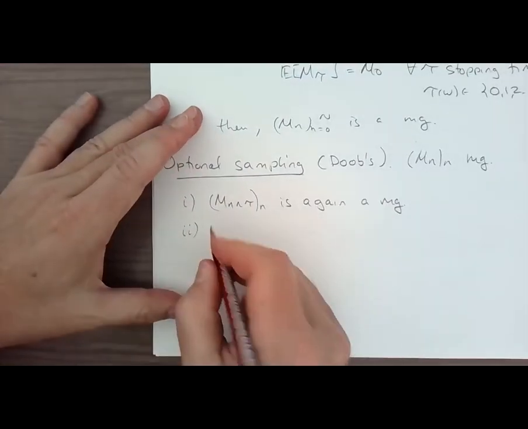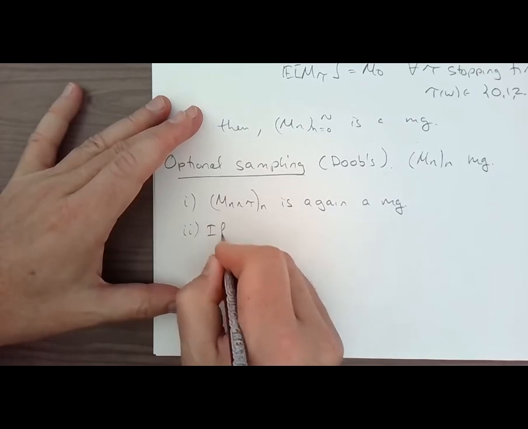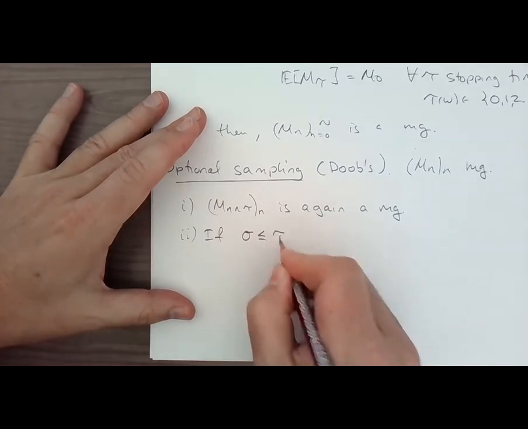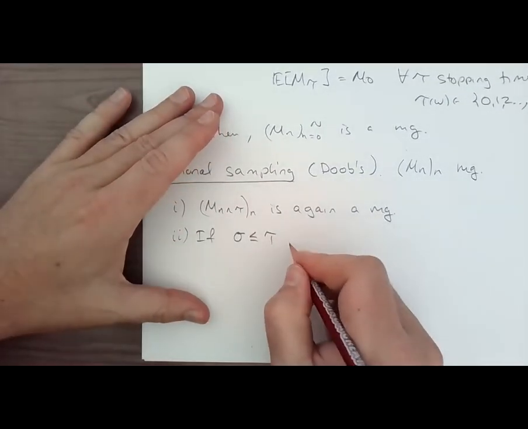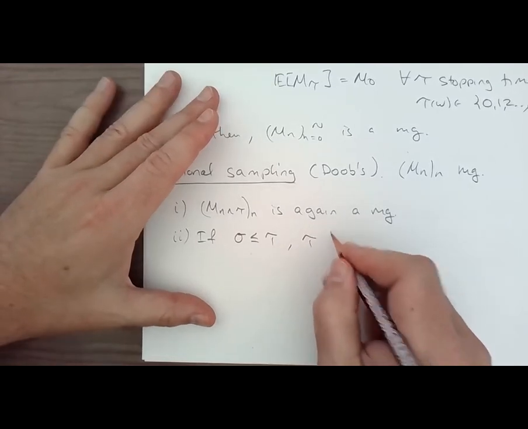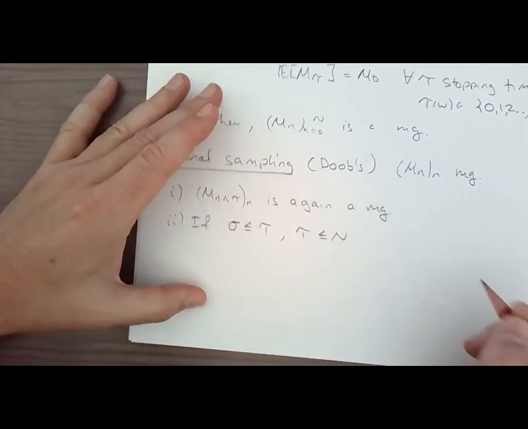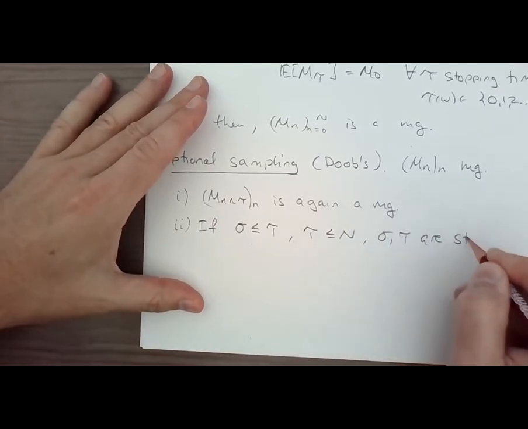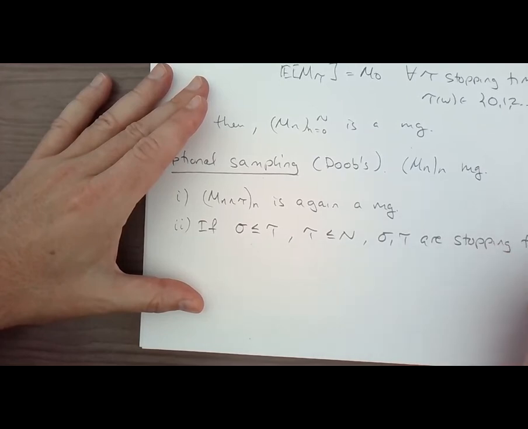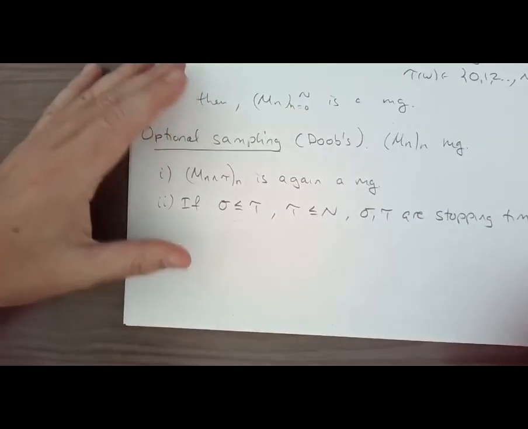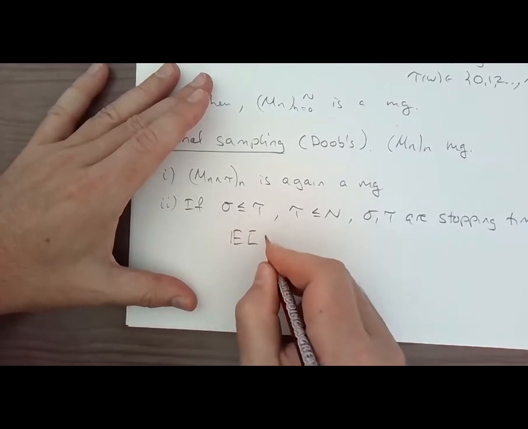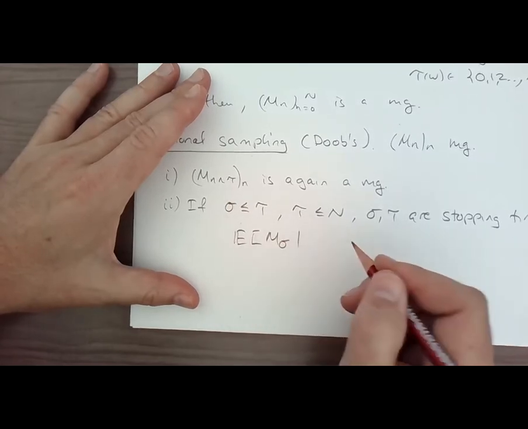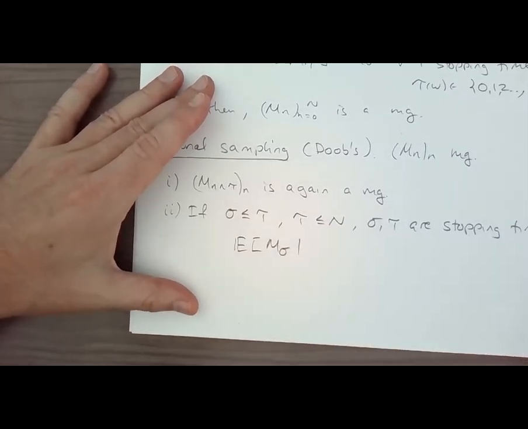So you also have that if sigma is less than tau, and tau is less than, say, n, where sigma and tau are stopping times, well, then the expectation of m sigma given, maybe I shouldn't do it that general.